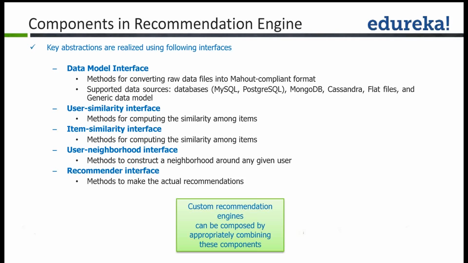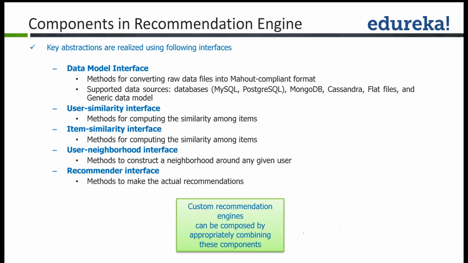Okay, and there is an interface for user similarity, like we talked about a possible implementation of a recommendation engine based on the similarity between users. Okay, we'll look at the details, but this particular interface essentially gives different mechanisms in which you can measure the similarity between users. Okay, in the example that we talked about, we want to recommend some movies to Raji, and in order to do that, we have to find which other users are similar to Raji, right?